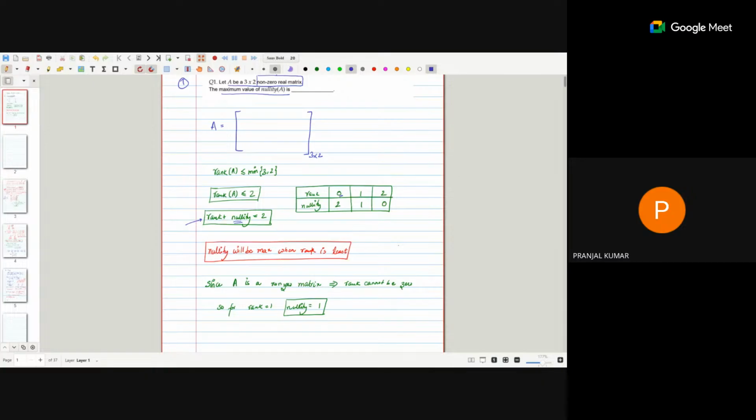Now nullity will be max when rank is least, because these are two positive quantities. When one takes the maximum value, the other takes the lowest value, and it is asking for the maximum value of nullity A. So the maximum value of nullity will be when rank is least, right? Yes or no?